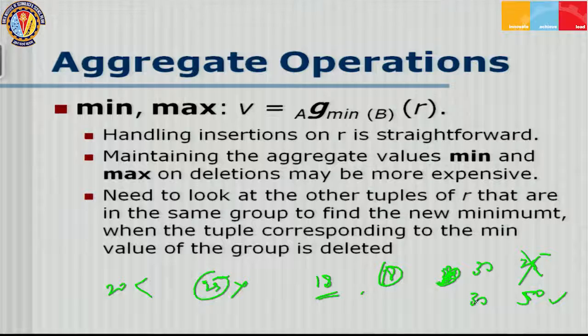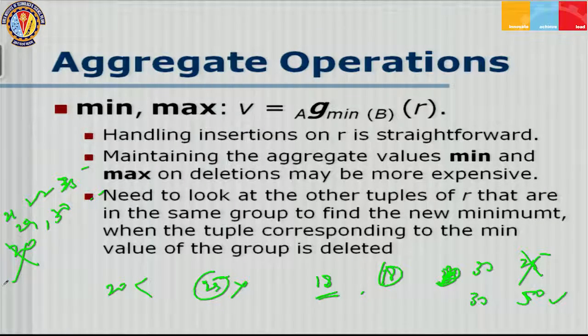Now we need to look at other tuples of R that are in the same group to find the new minimum when the tuple corresponding to the minimum value of the group is deleted. Suppose the minimum was 20, and there are other values like 21, 22, 23, 29, 30 and so on. If I delete the minimum value, then I have to look at all the other values to find out the minimum.